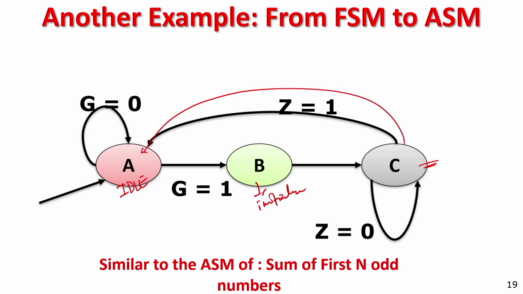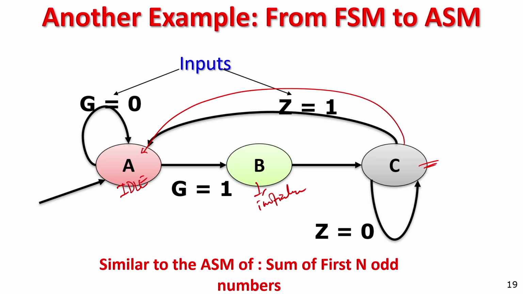So, this is the FSM for this problem, the sum of the first n odd numbers. G and Z are the inputs to this FSM. Whenever we ask who is doing the computations, the data path is doing the computations.